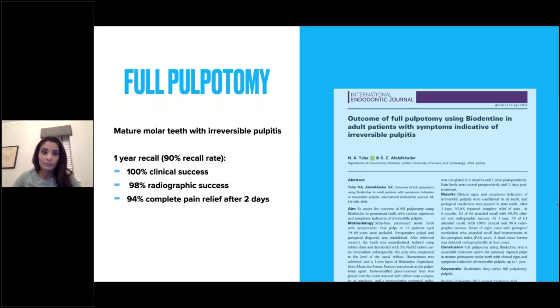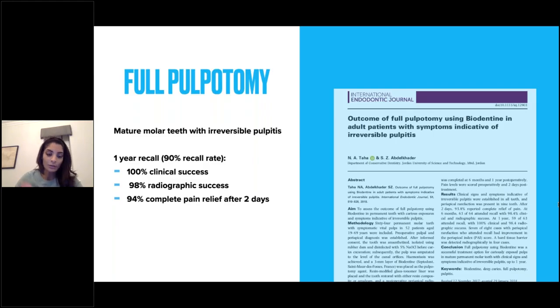But actually, the full pulpotomy procedure has also more recently been explored in mature molar teeth with irreversible pulpitis. And this is a study by Taha in 2018. What they did was exactly that. They did a full pulpotomy using biodentine in adult patients with symptoms of irreversible pulpitis.